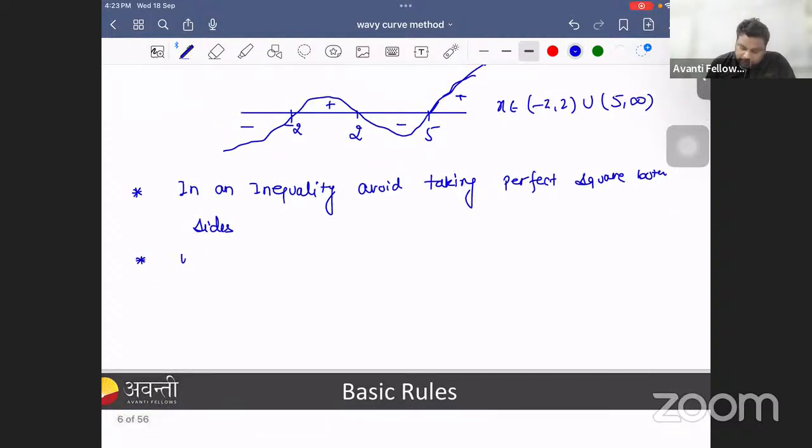Got it? Another rule while solving inequality using wavy curve method.